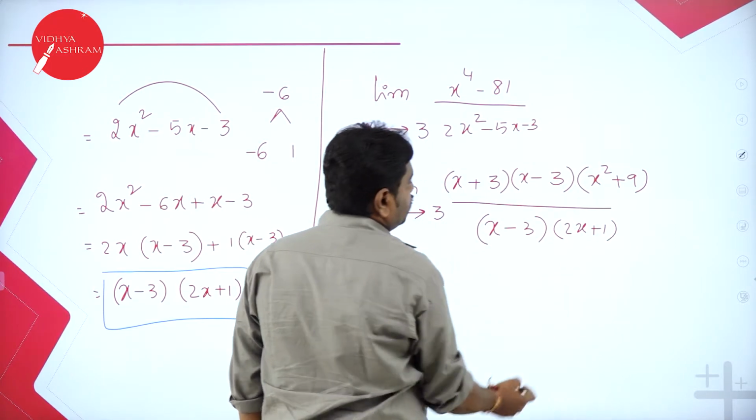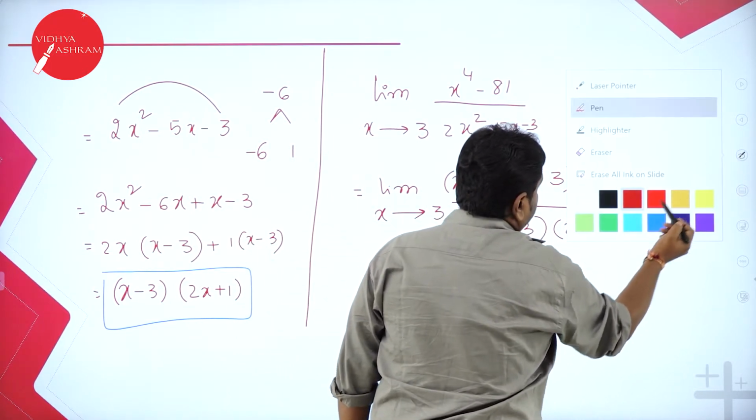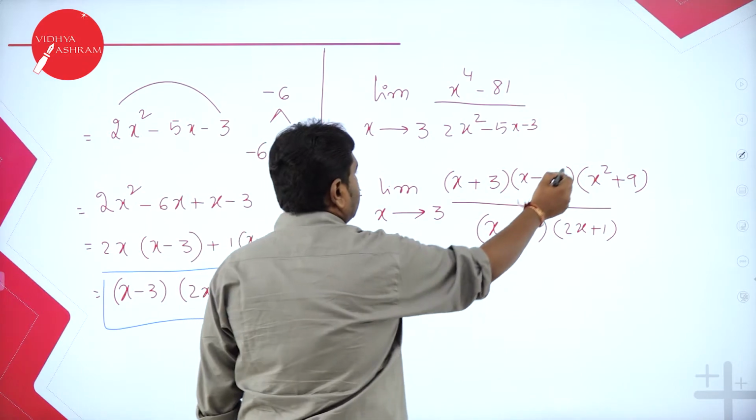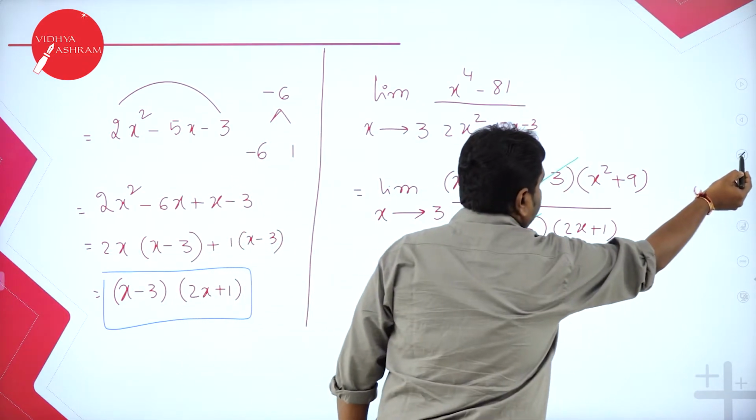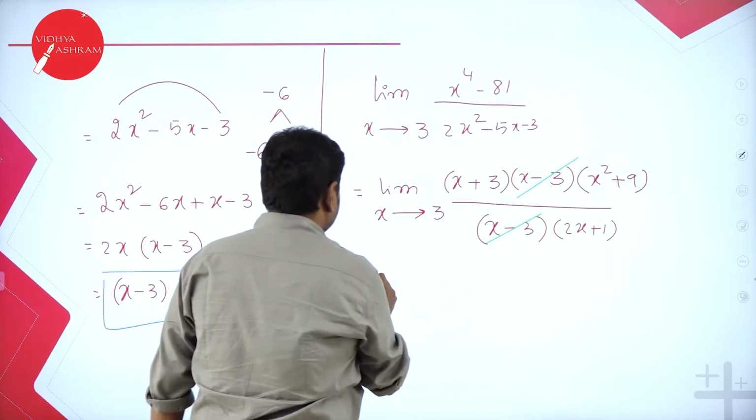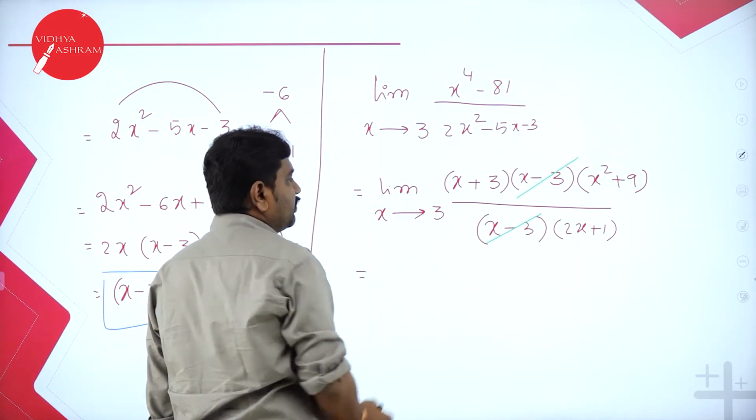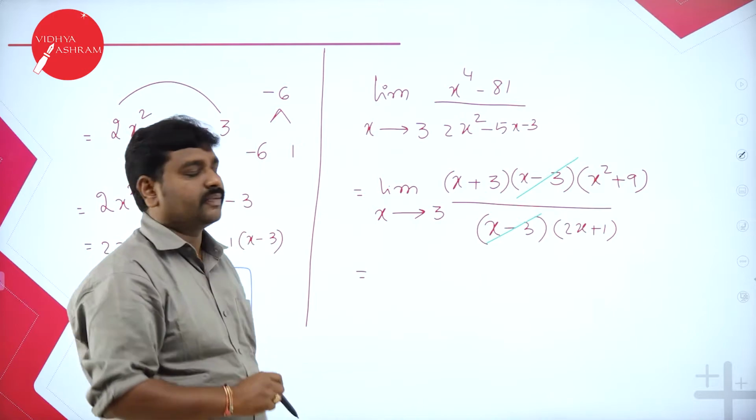So dear students, you can cancel the like terms before you apply the limit. So x minus 3 and x minus 3 cancel. Now whatever is left, for that you apply the limit. Limit x tends to 3 means in the place of x put 3.